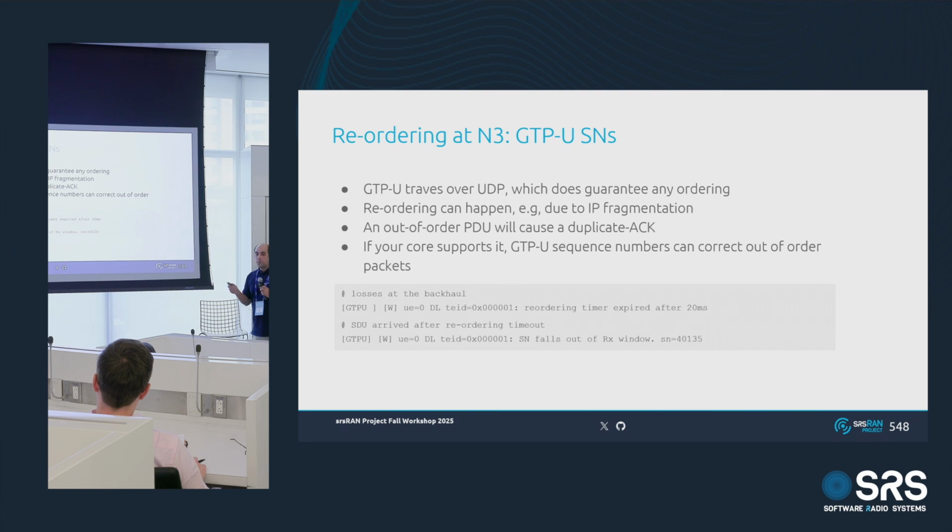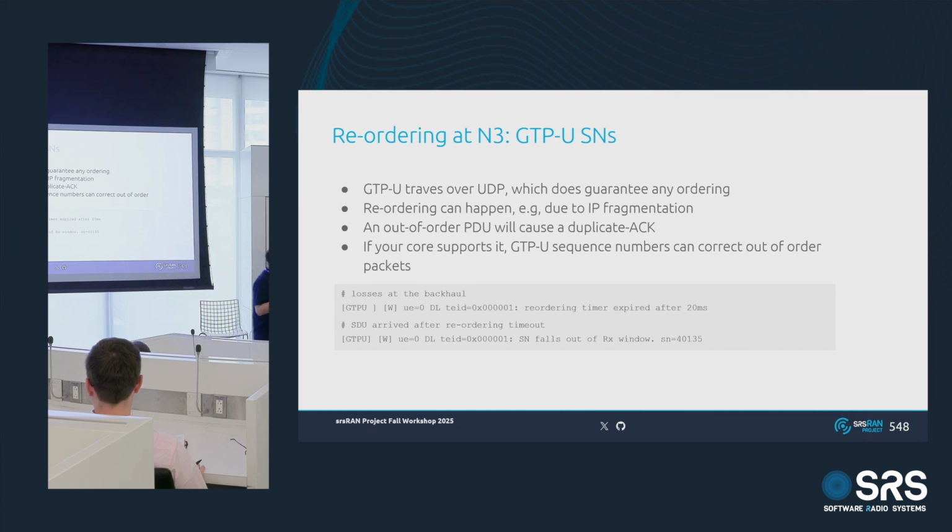And if you can't get rid of it, there is a feature in some cores. It's an optional feature, so not all cores support it, but some cores support sequence numbers, GTPU sequence numbers. So if you can enable that, because on our gNodeB, we implemented a GTPU reordering timer.